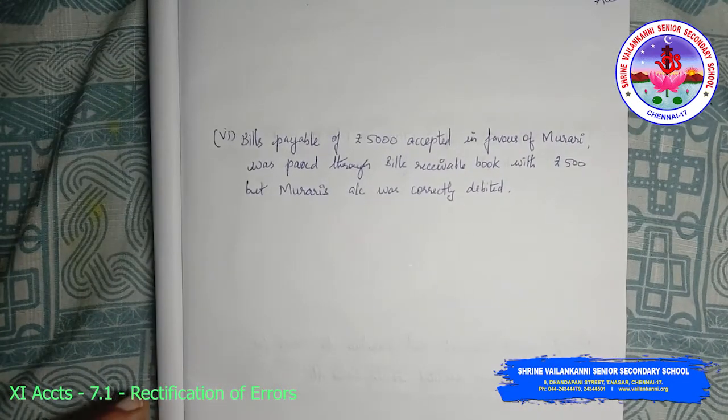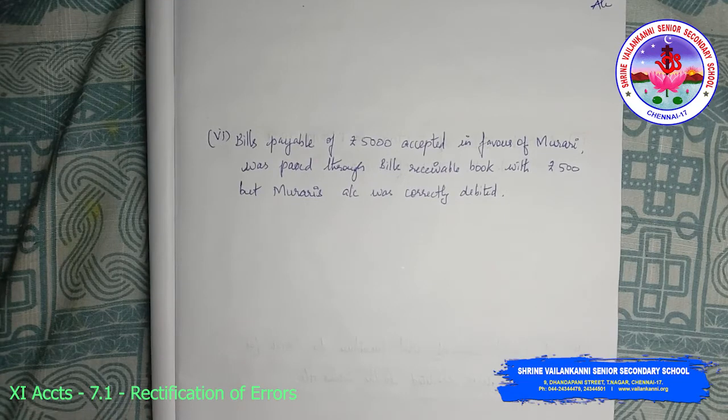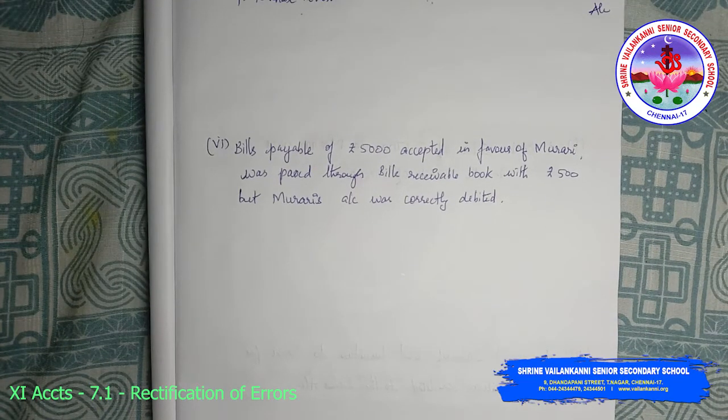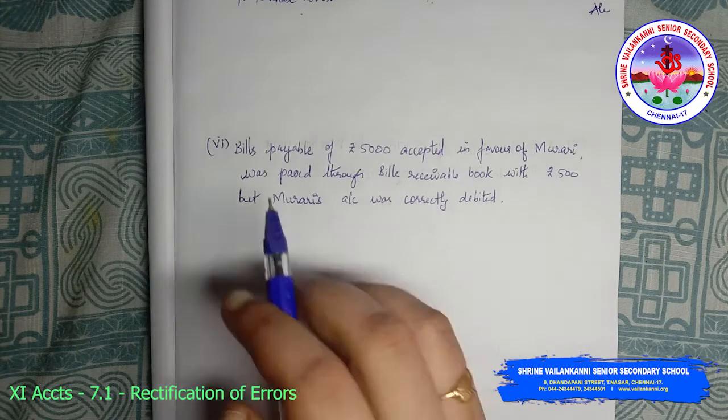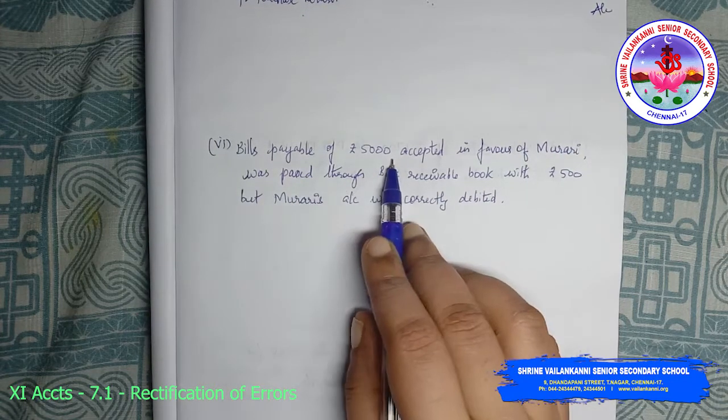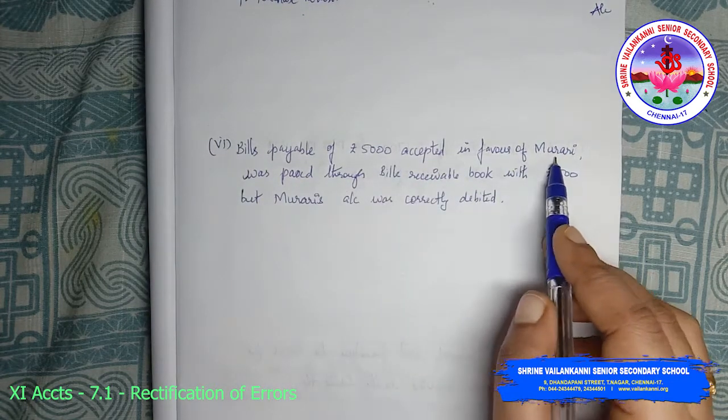The last entry, bills payable of rupees 5,000 accepted in favor of Murari was passed through bills receivable books with rupees 500, but Murari's account was correctly debited. In Murari's books, there is no problem. So bills payable 5,000 accepted in favor of Murari.